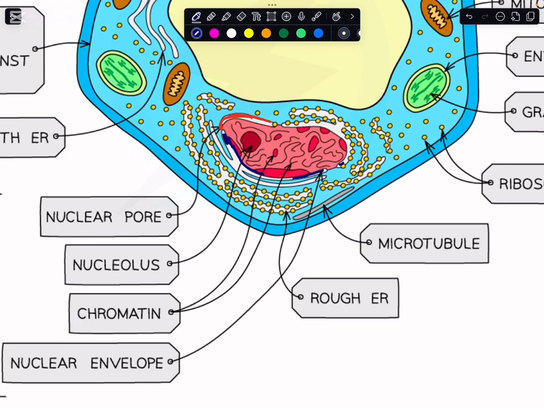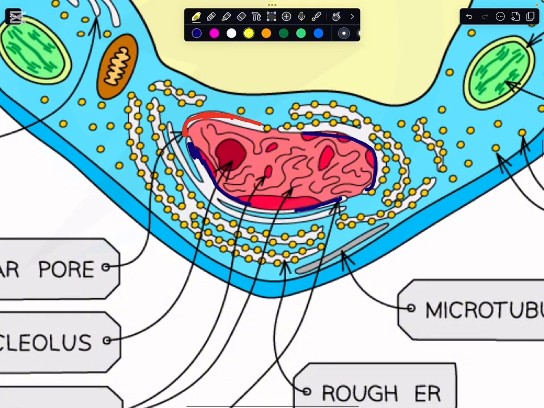Okay, so we have this nuclear envelope for the nucleus, and if I just zoom in, you see for yourself that we have these pores, and these are the nuclear pores. And within the nucleoplasm of the nucleus, we have this nucleolus, and then there would be the genetic material when the cell is not dividing, as I mentioned earlier, so these are the chromatins.